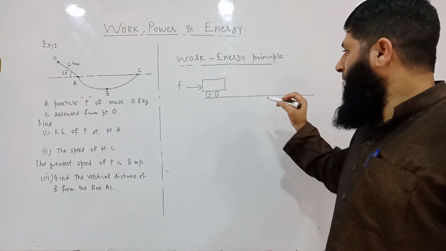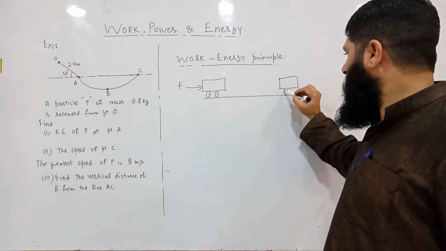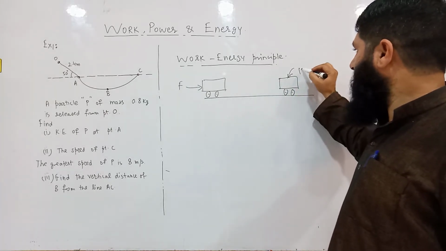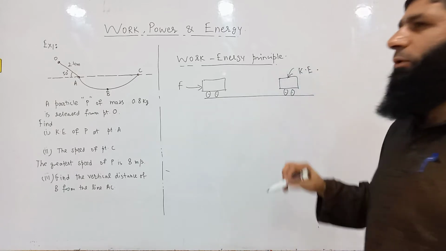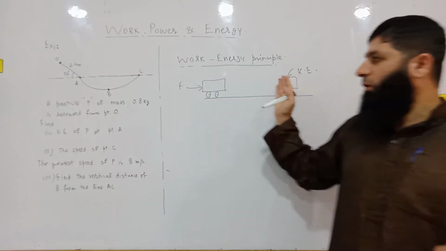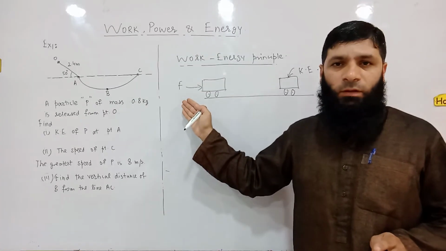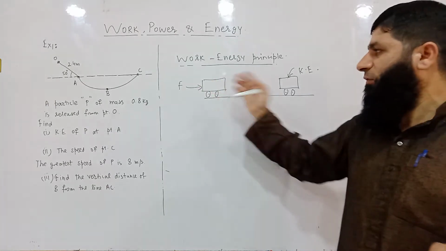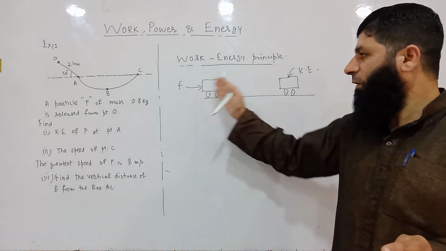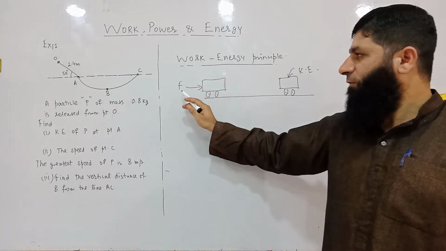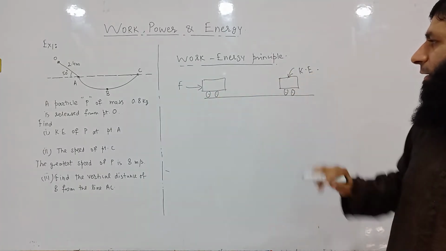Let's suppose this body comes here after the application of force. Now at this point, this body will have some kinetic energy because this body is moving. This body is moving because of the application of this force. Actually, this force F is doing some work on this body, and the work done by this force F is converting into kinetic energy.